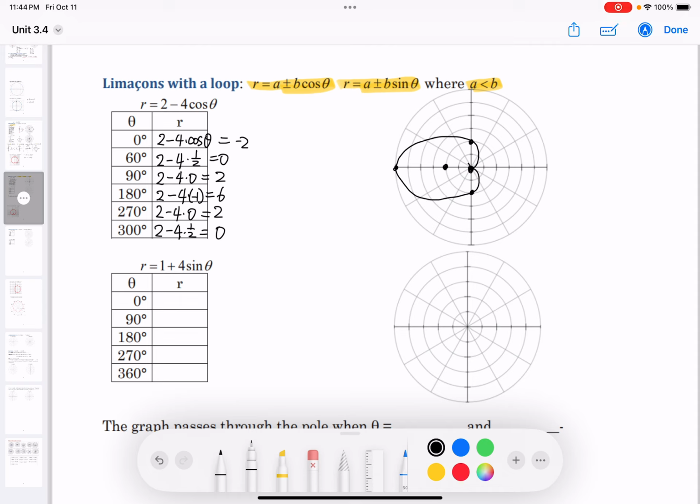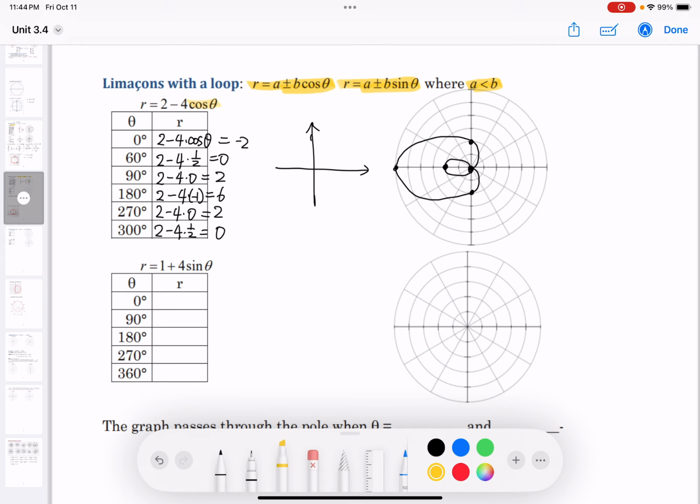And then an inner loop. So if I don't have this table and I don't have a calculator, how can I graph it? First, a limaçon with a loop is a heart shape with an inner loop. That means first let's see what is a heart shape.